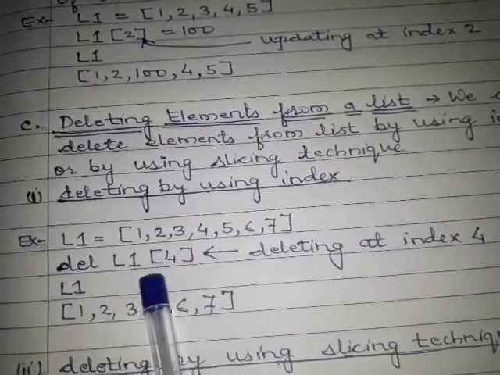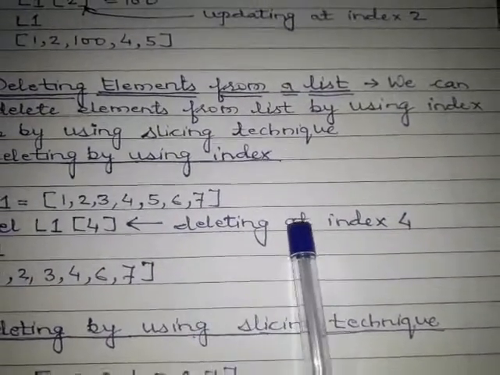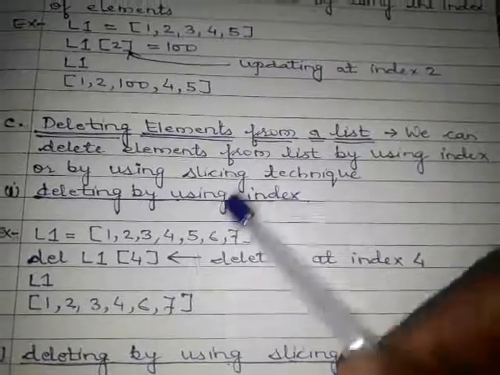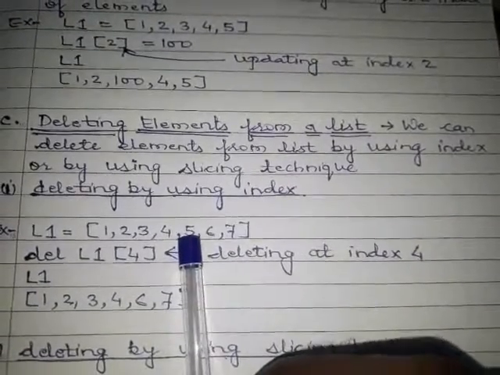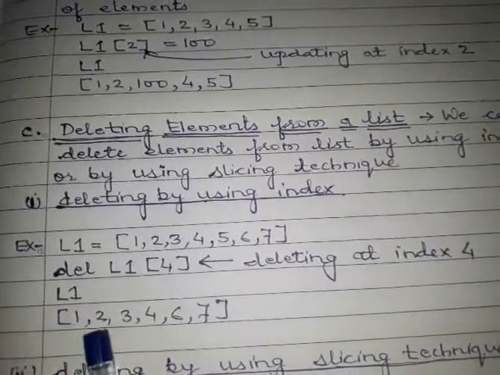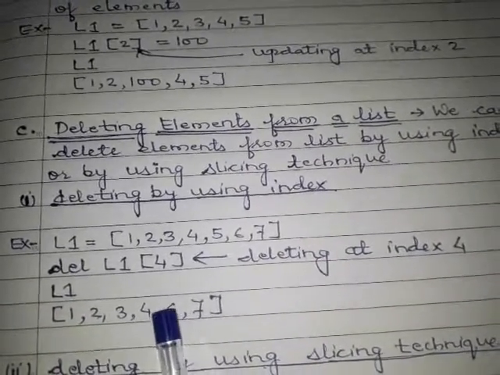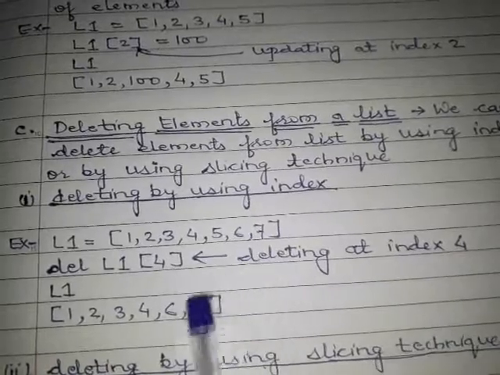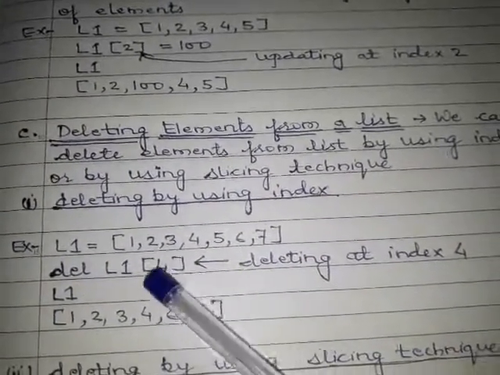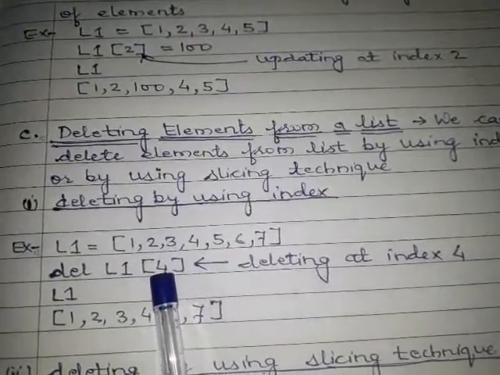It is written here, deleting at index 4. So index 4 here contains the value 5. When I print L1, 5 is not here, and the remaining part is displayed as it is: 1 2 3 4 6 7. So this is the technique to delete with the help of index.